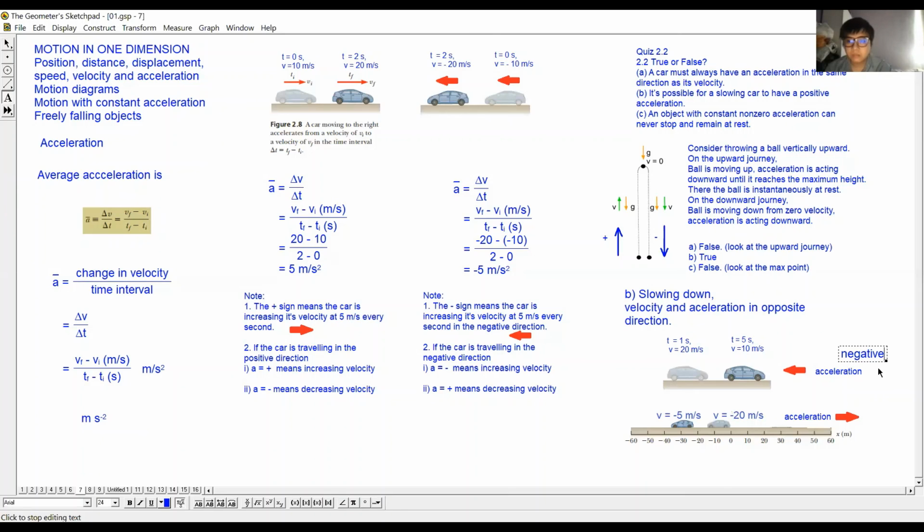Now, this one, the acceleration is going from left to right. This acceleration is positive. The second case is positive. Okay, right. So both of them, the velocity and the acceleration are in opposite direction, yet the acceleration is positive in this case.